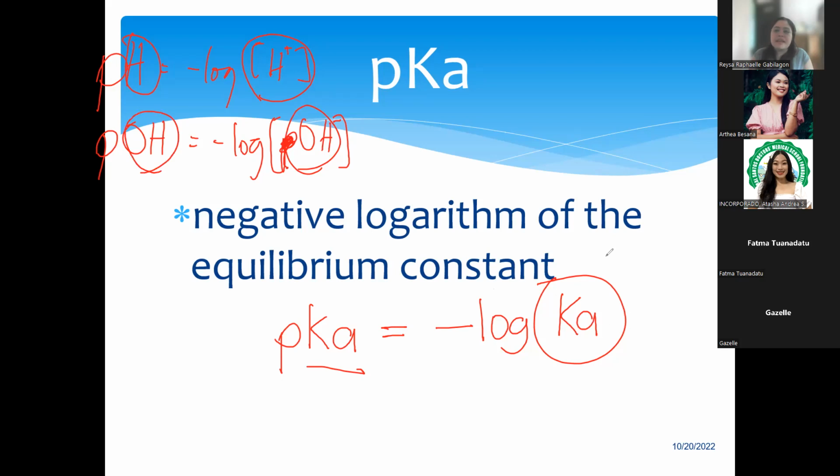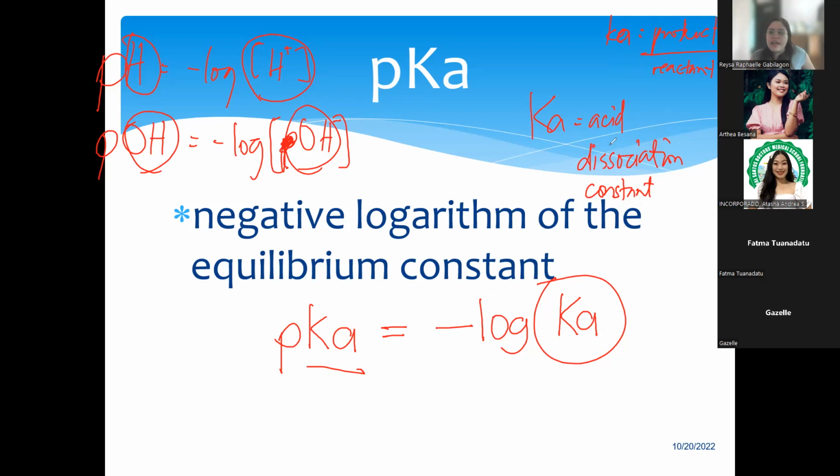This time naman, Ka means the acid dissociation constant. So remember, ito yung kino-compute natin sa equilibrium constant. Diba? Equilibrium constant is product over reactant. I hope you can still remember this. Pero sa acid, that's still product over reactant, but we call it Ka.